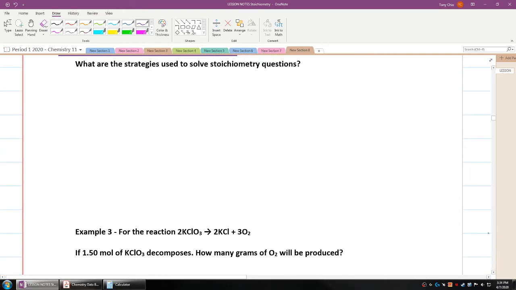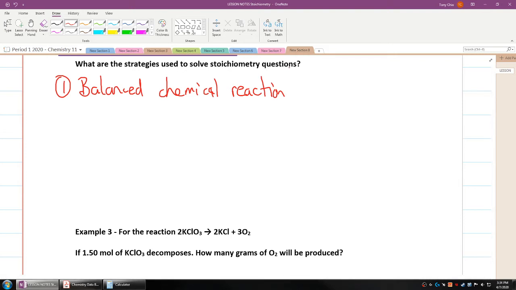So what do you do to help you solve with the mole bridge? The strategies we're going to use to help us solve are pretty straightforward. For step number 1, you should always have a balanced chemical reaction. Now why you should have a balanced chemical reaction is because you need to have your coefficients in place to help you convert.